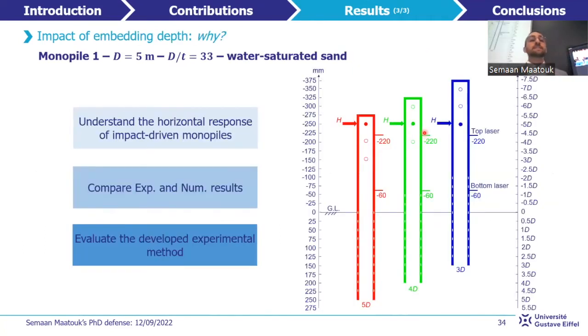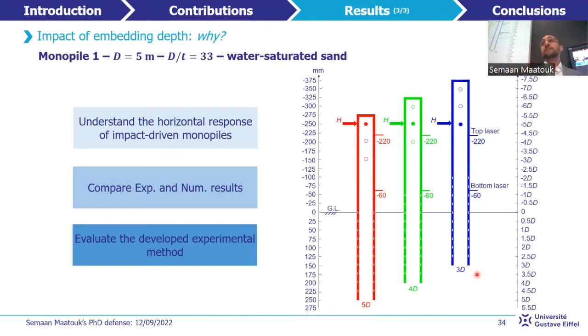The final theme concerns the impact of the embedding depth on the horizontal response. Three horizontal tests are conducted by installing the monopile with impact driving into water saturated dense sand, down to 5D in red, 4D in green, and 3D in blue, in order first to improve the understanding of the impact of embedding depth on the horizontal response.